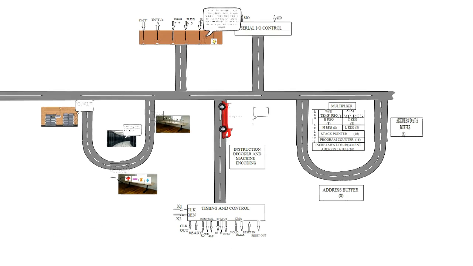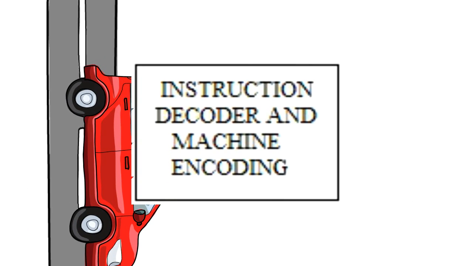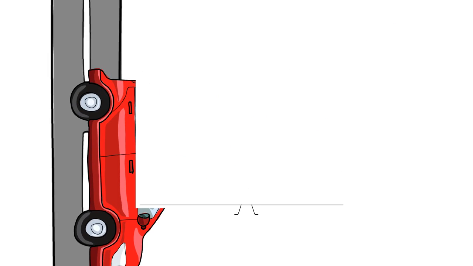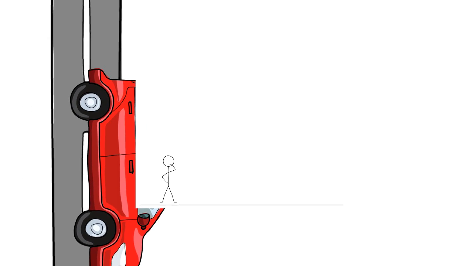Next is the instruction decoder and machine encoding unit. Here, the decoding takes place and the instructions are simplified into machine cycles such as opcode fetch and so on. Friends, let's ponder on it by means of simplifying a jumbled Rubik's Cube and then unscrambling all its small square block units.